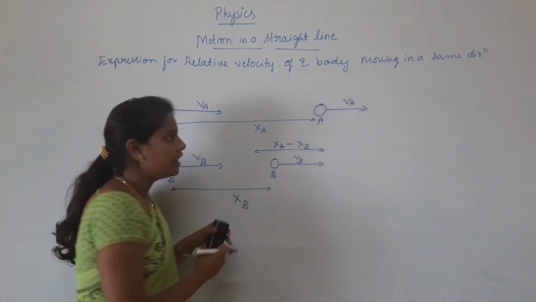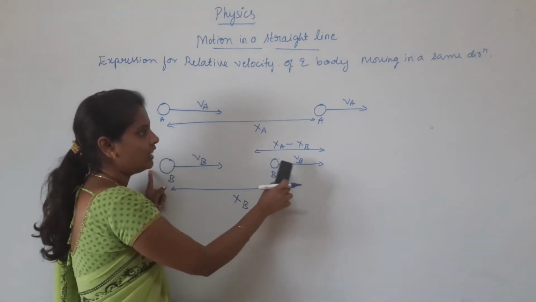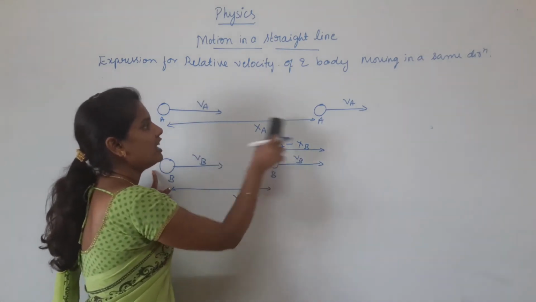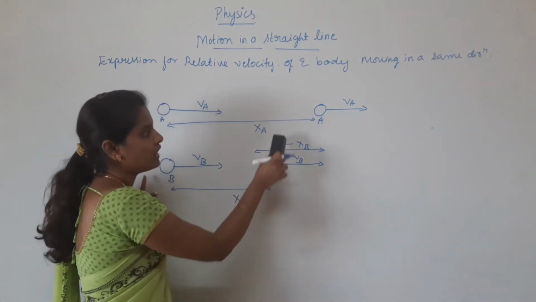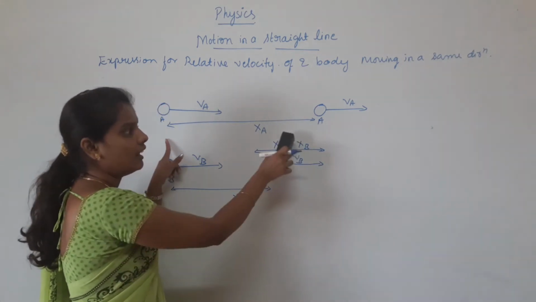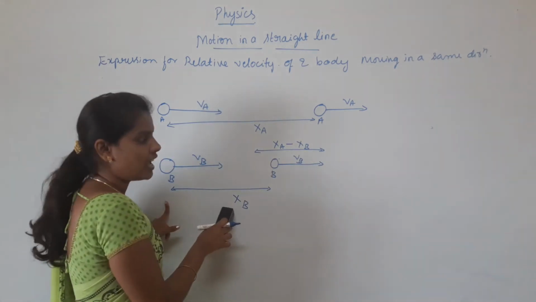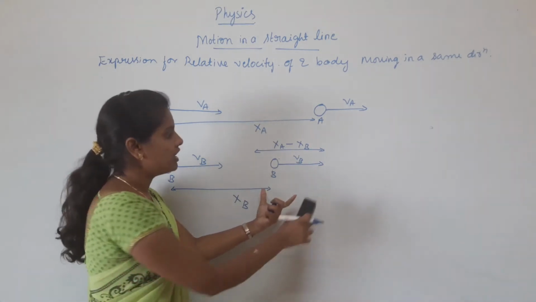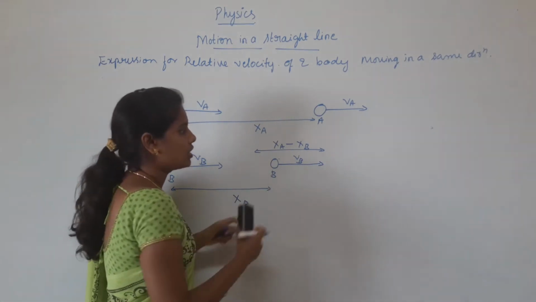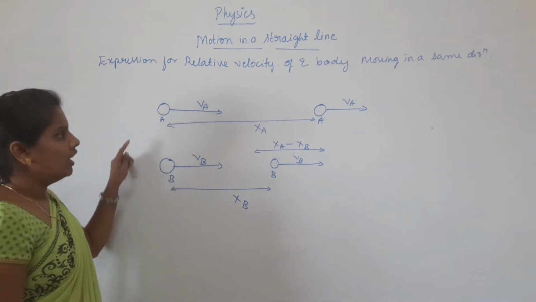Observe here, we have to calculate this distance. For the final equation, long distance minus short distance gives this distance. Therefore, the long distance is xa and the shorter distance is xb. So xa minus xb is the remaining distance. Let us derive this.